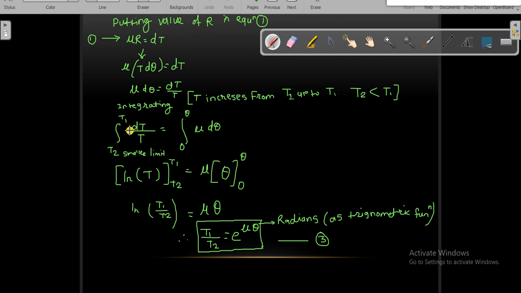Now integrating this equation on both sides, integral T2 to T1 dT by T equals integral 0 to theta of mu d theta.